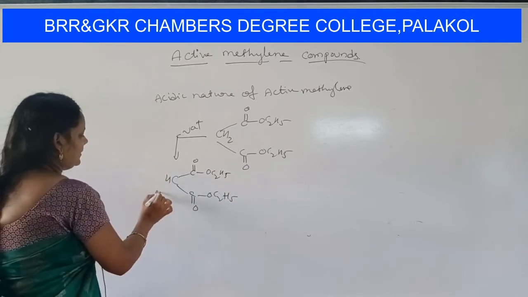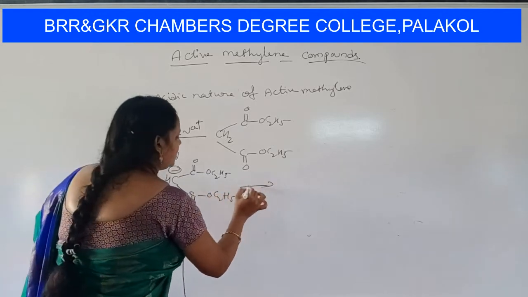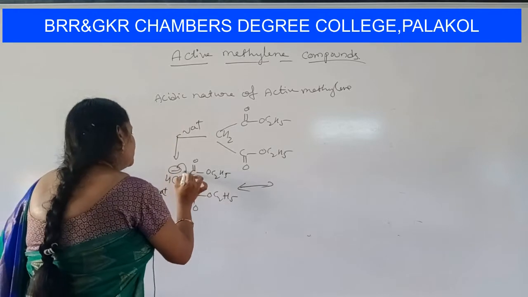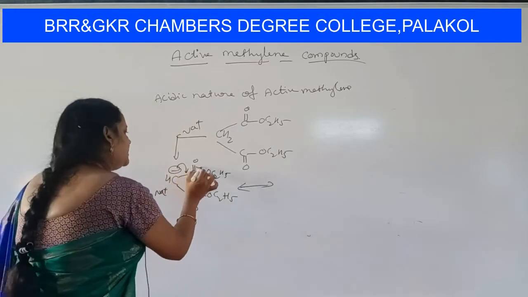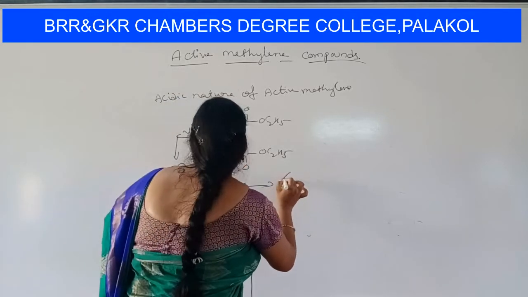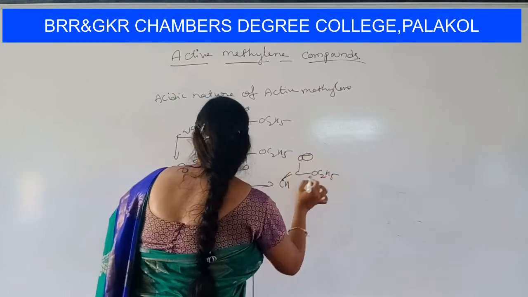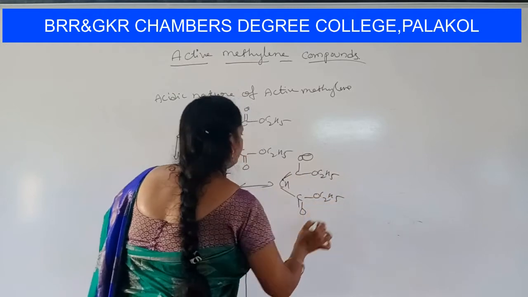If you remove Na+, you will get a carbanion, right? This carbanion may form a resonance stabilization structure like this. This minus charge will become a double bond between C and C. Here the double bond will become O-. So you will get CH=C, single bond O-, OC2H5, and here C=O OC2H5.